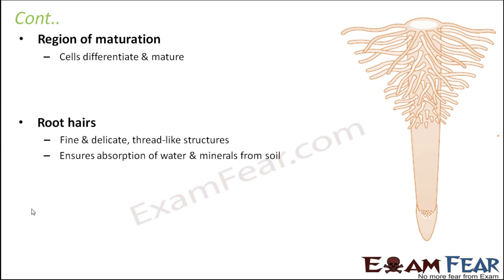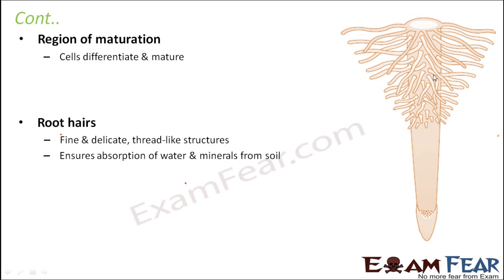Right? Now some of these tissues which we are talking about, some of these epidermal tissues, epidermis is the outer layer of tissue. So some of these epidermal tissues will form the root hairs. As you can see in this picture, root hairs are nothing but thin thread-like structures coming out like this from the outer layer of the root. So this outer layer is nothing but the epidermis tissue.